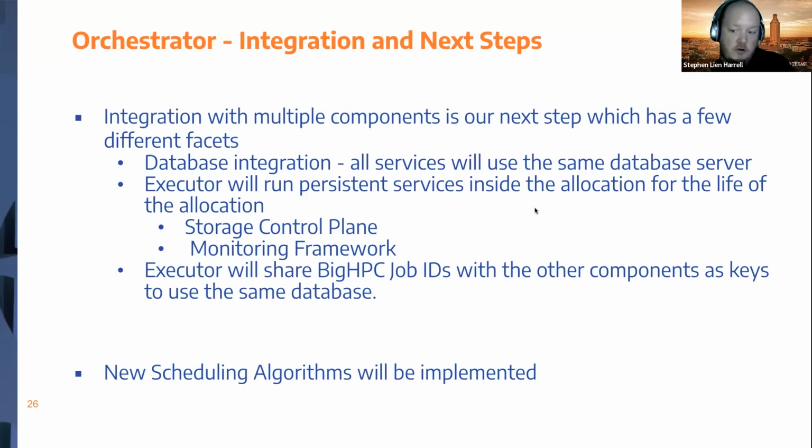Also on the docket will be new scheduling algorithms, and Sangha will be working on those. Right now, we just have a very basic algorithm, which is first come, first serve, but I think we'll at least get some other algorithms such as fair share for our next steps.